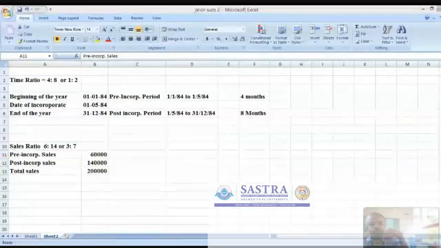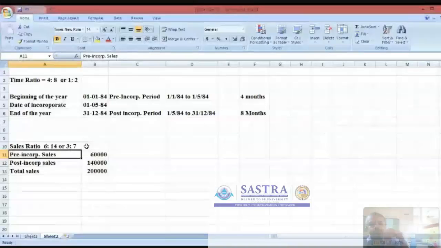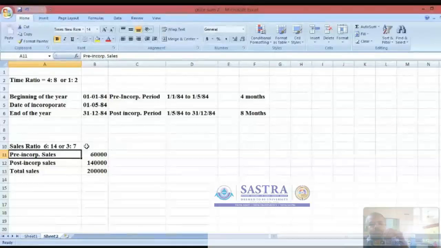So we have calculated the sales ratio and the time ratio. For calculating time ratio, we need 3 dates: the beginning of the year, the date of incorporation, and the end of the year. Beginning of the year till the date of incorporation is the pre-incorporation period, that is 4 months. Incorporation date to end of the year is the post-incorporation period, that is 8 months. Total sales is given as 2 lakhs.